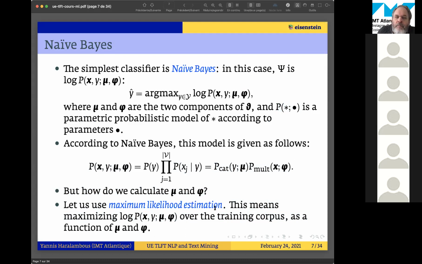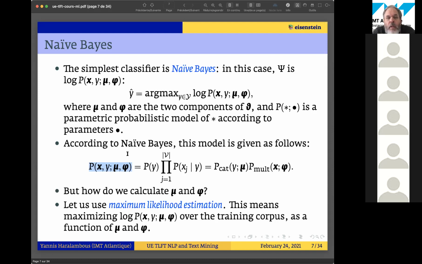First of all, naive Bayes is called naive because it presupposes, it puts some very strong hypothesis on our system. For example, it says that all x's are independent conditionally to y.